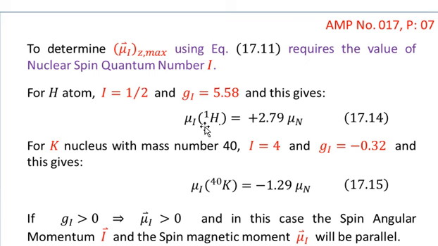From this, you can write down the nuclear magnetic moment for the hydrogen atom as 2.79 mu n.